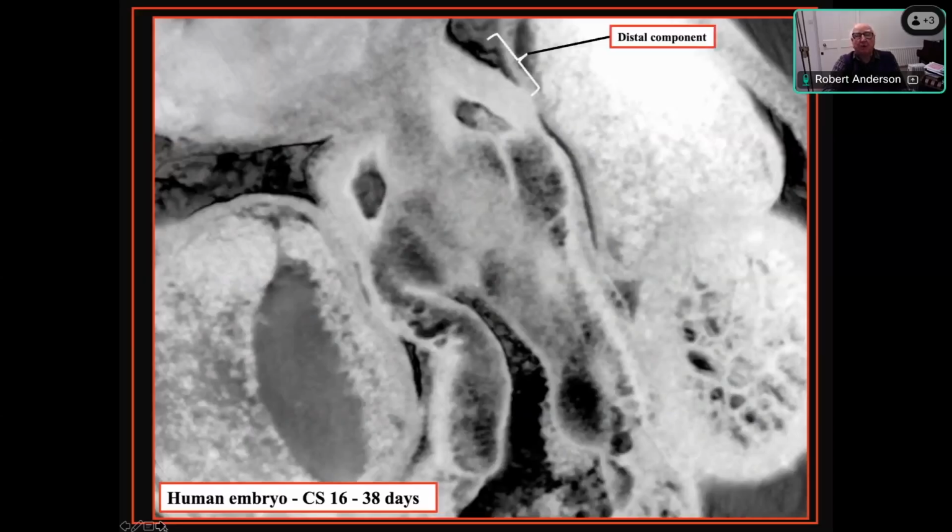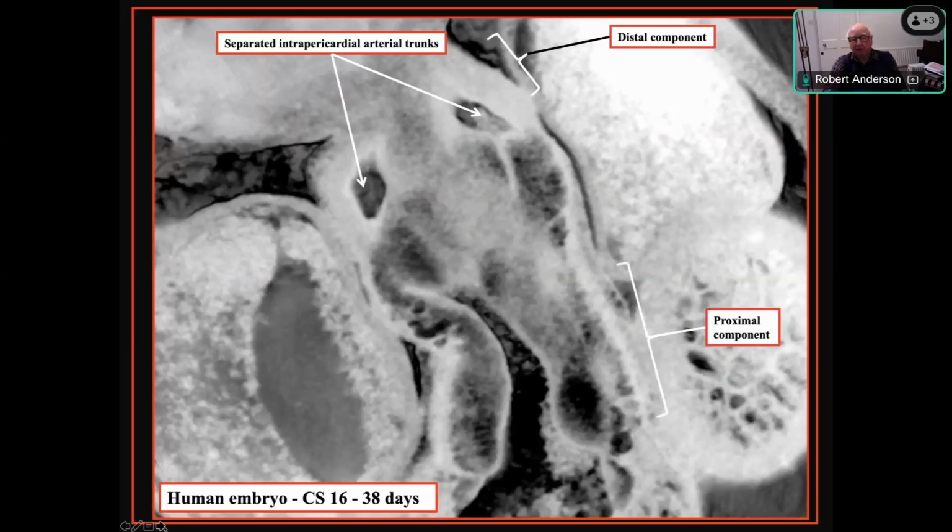The distal component by now has been separated into the intrapericardial aorta, the intrapericardial pulmonary trunk. The proximal component has still to be separated, but within the proximal component, you can see the outflow cushions that have yet to fuse.